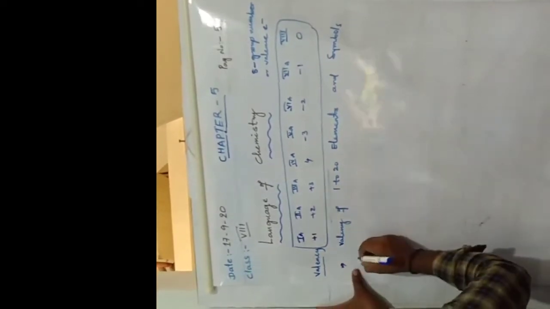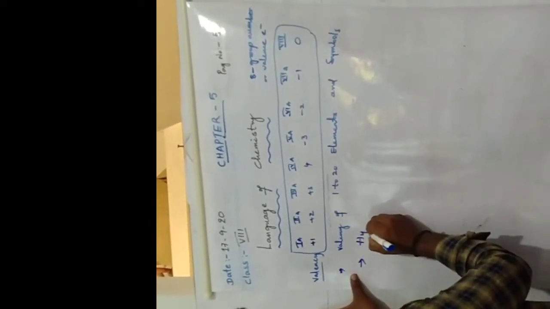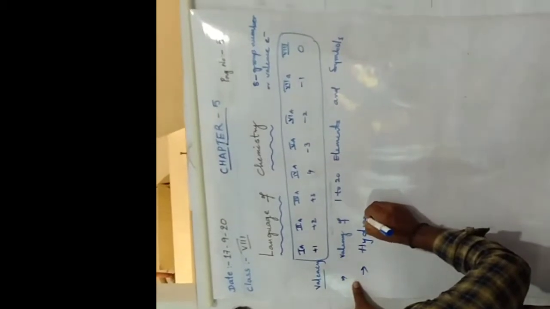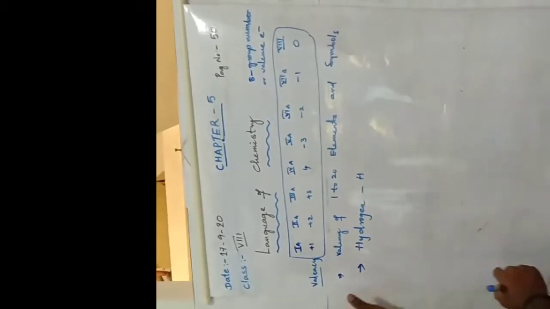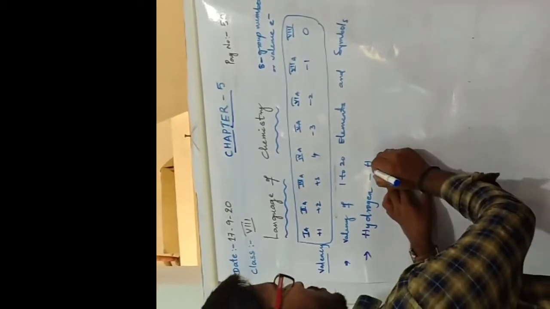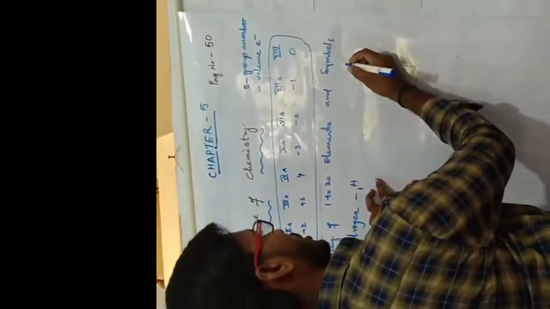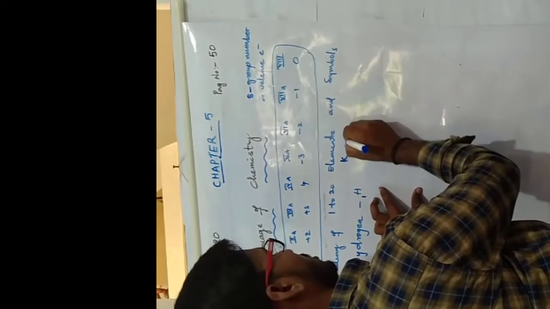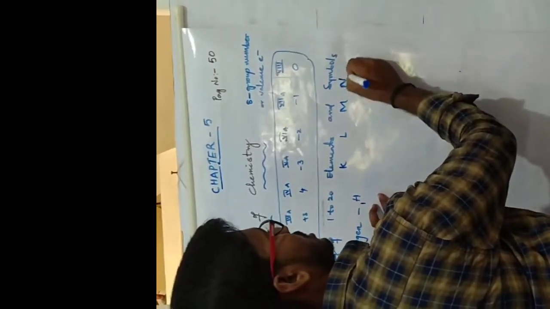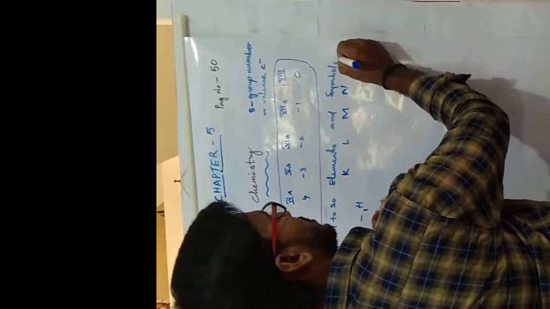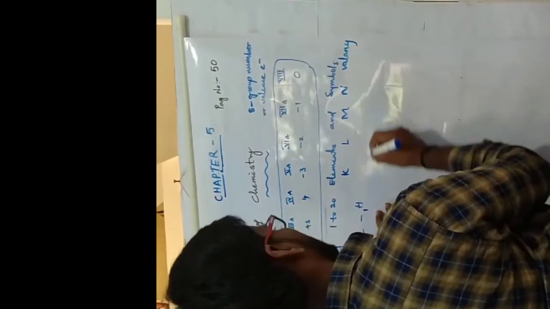What is the first element? Hydrogen. Symbol of hydrogen is H. What is the atomic number? 1. So you can divide the shells: K shell, L shell, M shell, N shell, and finally valency.